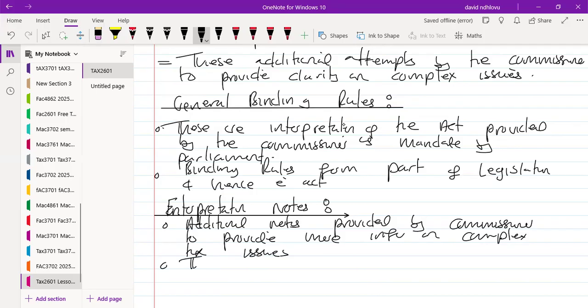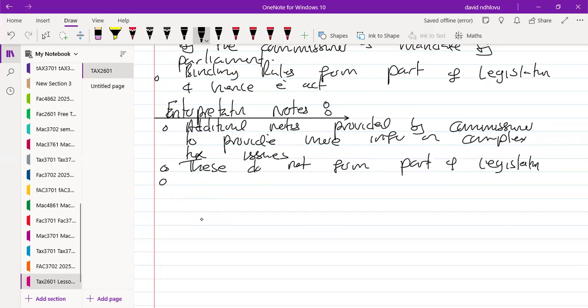These do not form part of legislation. They are mere explanations. So it means that you can dispute these notes. You can decide not to look at them. These can be set aside.